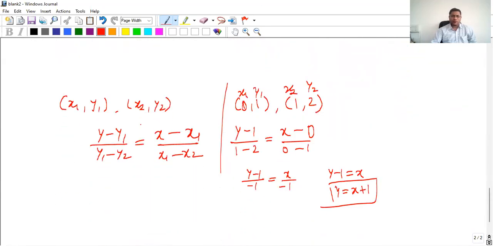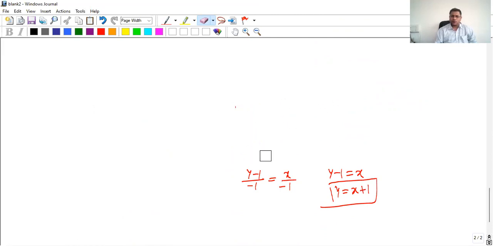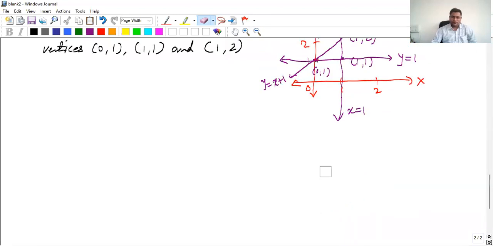So this is the 2-point formula that we can use to find the equation of the line. So using this formula, we are able to find the equation of the line passing through any 2 points.